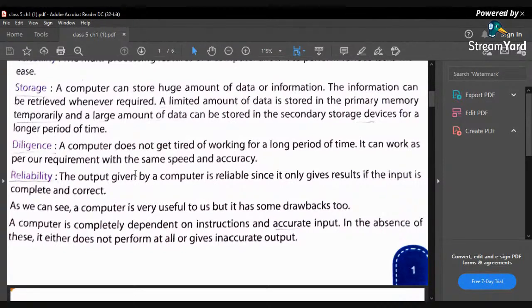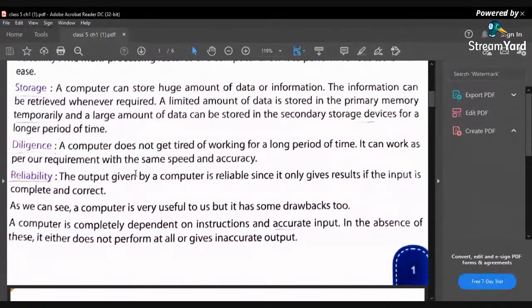You can see the same speed and same accuracy at the last time also, because a computer is a machine, it does not have any emotions, and it does not get tired. So it can work as per our requirements with the same speed and accuracy.